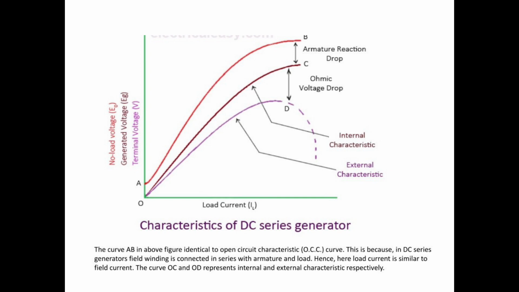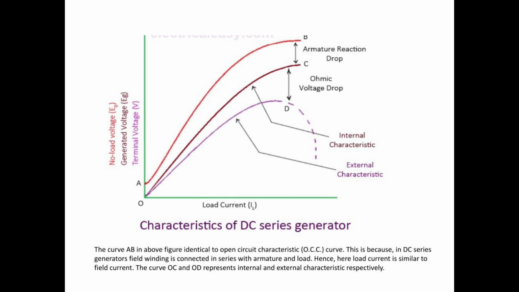The external characteristics curve is a plot between terminal voltage and load current IL, so V versus IL. V equals EZ minus IA RA drop. Here also, even though you decrease the load resistance beyond a certain limit, the load current starts decreasing and the curve turns back.